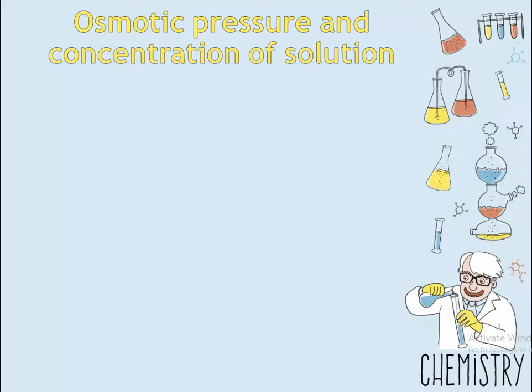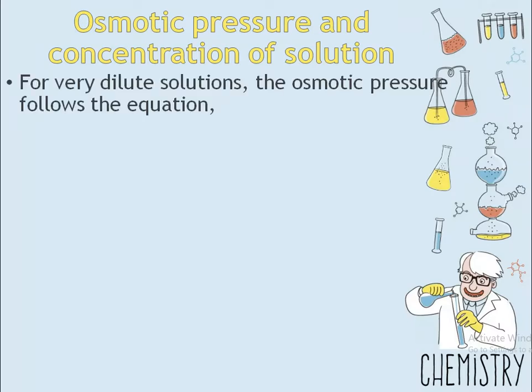Now let's see what the relation is between osmotic pressure and concentration of solution. So for a dilute solution, osmotic pressure can be given by the equation π = n2RT/V.